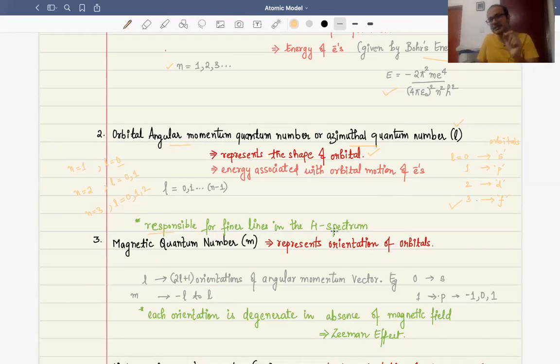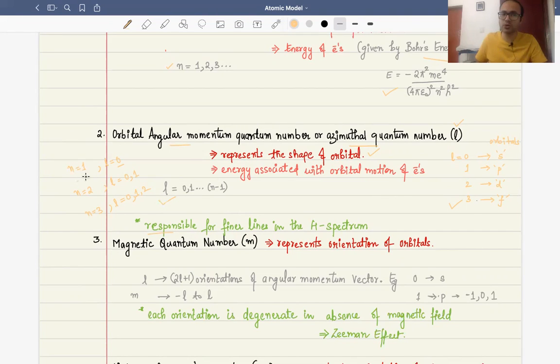If we visualize each of the lines in the hydrogen spectrum through a more sophisticated instrument, we can see that one single line is made up of many finer lines. These finer lines are because of the presence of these subshells or suborbitals in each principal quantum number.